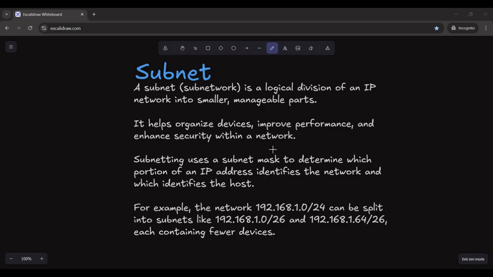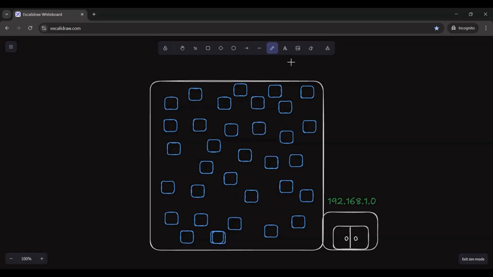Next, consider an example. Let's assume that this is a warehouse or a network, and inside the network there are these boxes which are racks, or in network terms, devices with an address or an IP address. On the right side you can see the address of the network, or address of the warehouse, or the gateway address as we call it in Cisco terms.